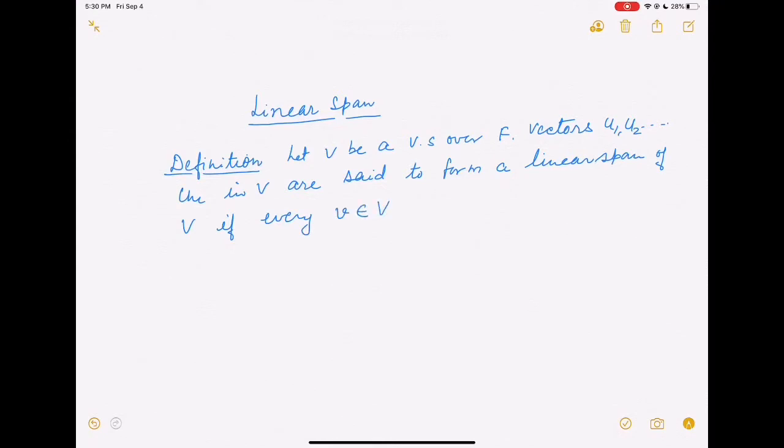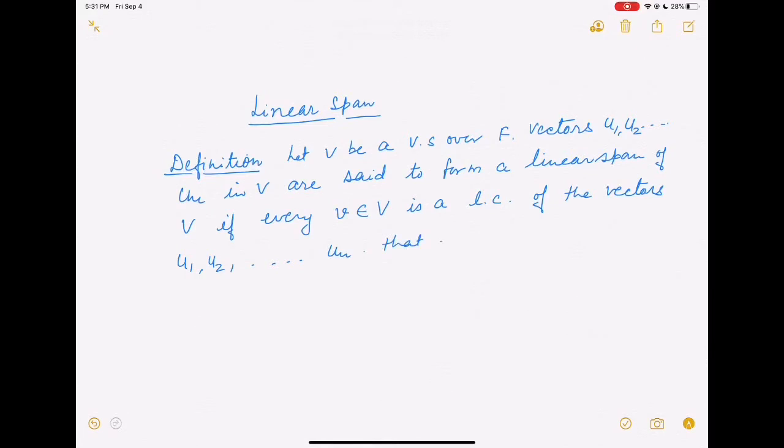That means every element of V is a linear combination of the vectors u1, u2, ..., un.